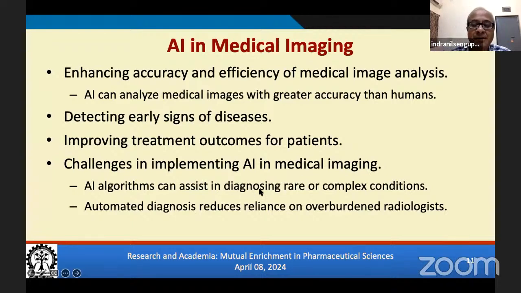So once they're available, they can help the humans, the doctors, in diagnosing rare or complex situations. Okay? And such automated diagnosis can minimize errors and also reduce the load on radiologists and other technicians. Okay? This can be done automatically.